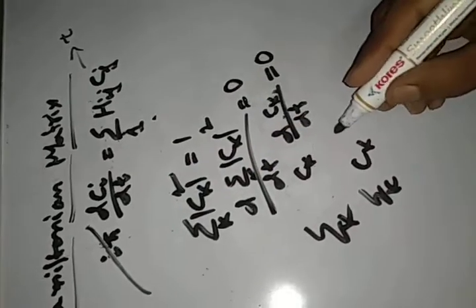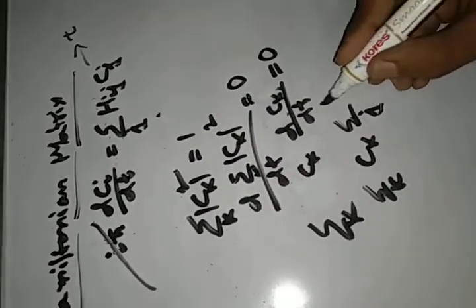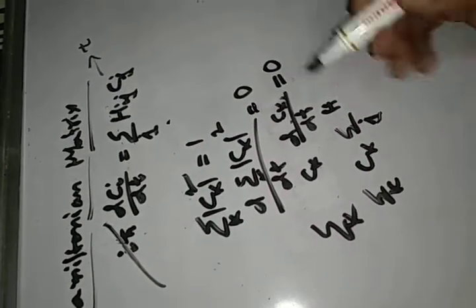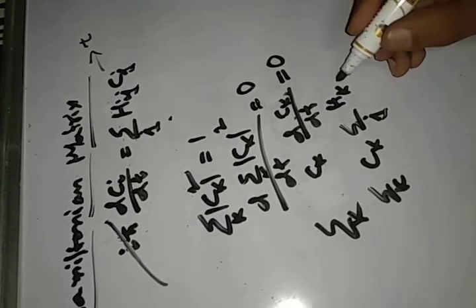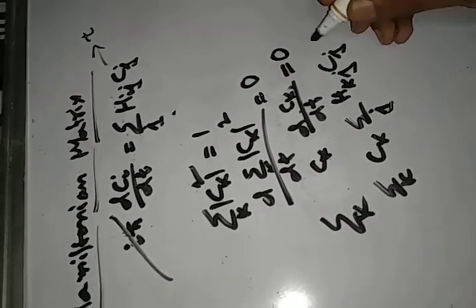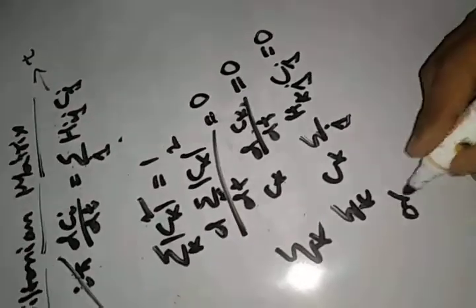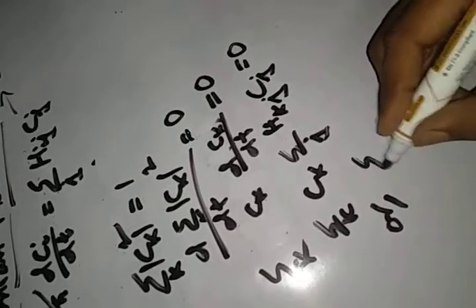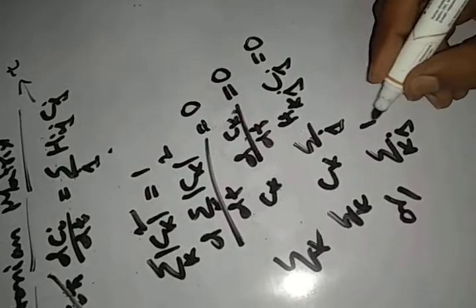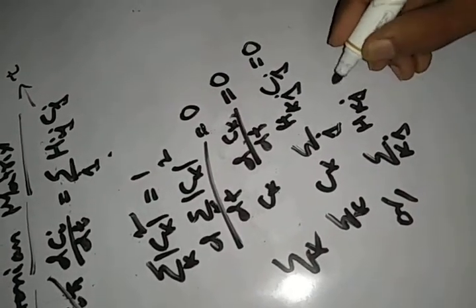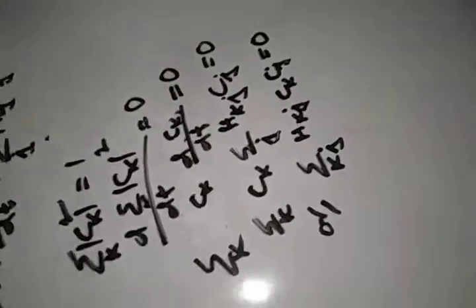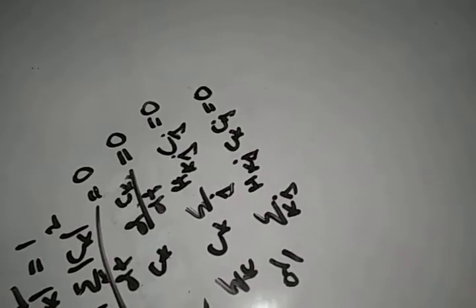dck/dt will be written as summation j Hkj cj, where i is replaced by k here, isn't it? Cj, this becomes equal to 0, or summation kj Hkj ck cj equals 0. Okay, so we are fine.